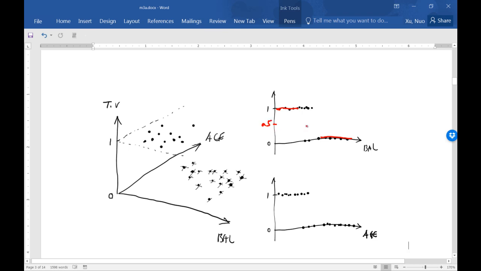50%, maybe somewhere here. So imagine if we have a lot more instances, we should be able to also find a point of balance that will correspond to a 75% chance of being bad and 25% chance of being bad.